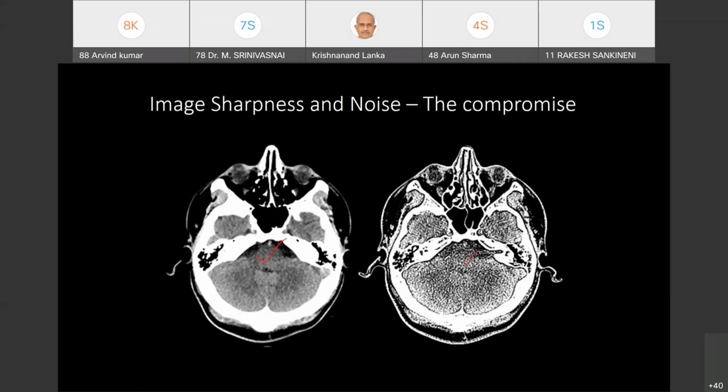But for our situation, we need this bone skull information, because we are not interested in muscle information. So by compromising on muscle information, you can get more clarity on the bone information of the CT scan.